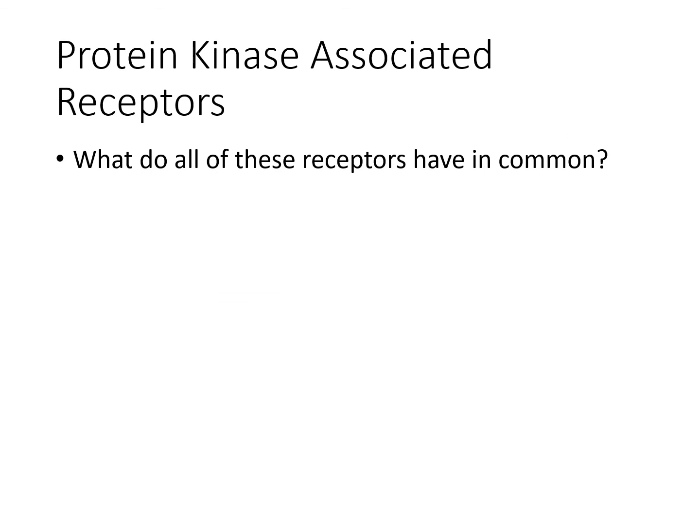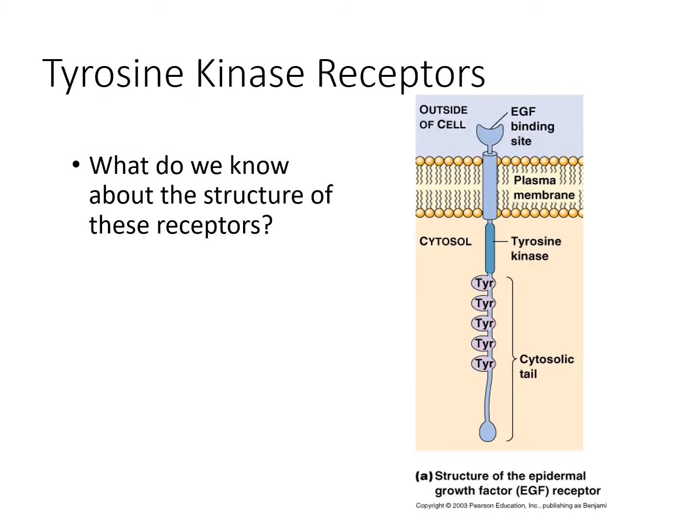Let's have a look at the protein kinase associated receptors. Okay, so what do all these receptors have in common? The tyrosine kinase receptors have binding sites outside the cell, in the extracellular environment. They have one adapter in the transmembrane region. They have the tyrosine kinase in the cytosol, and they have the tyrosine cytosolic tail.